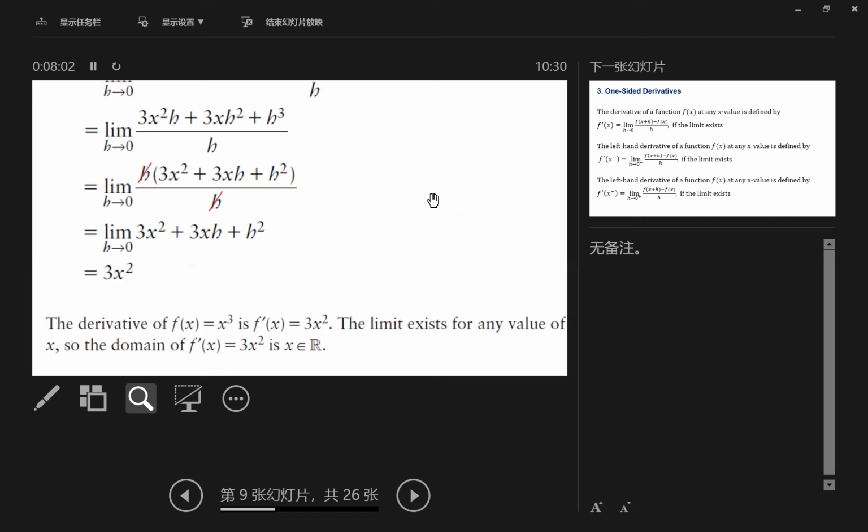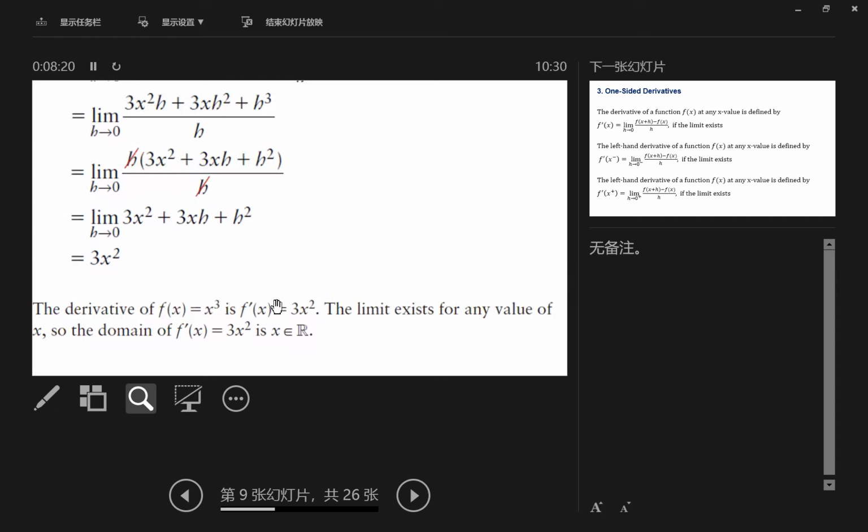Therefore, the derivative function of the original function is 3x squared. Now the conclusion is the derivative of f(x) = x cubed is f'(x) = 3x squared. So the limit exists for any value of x. So the domain of the derivative f'(x) is also x belonging to the real number set.